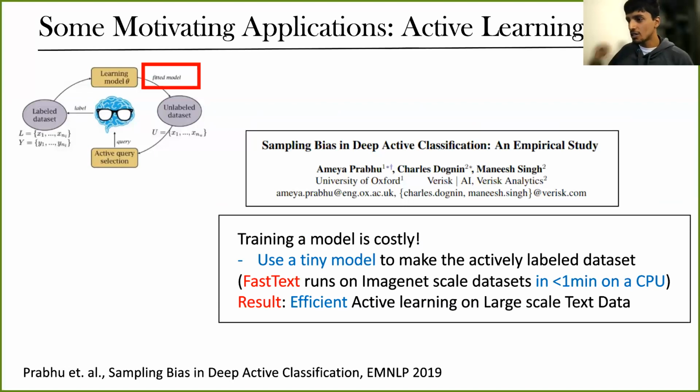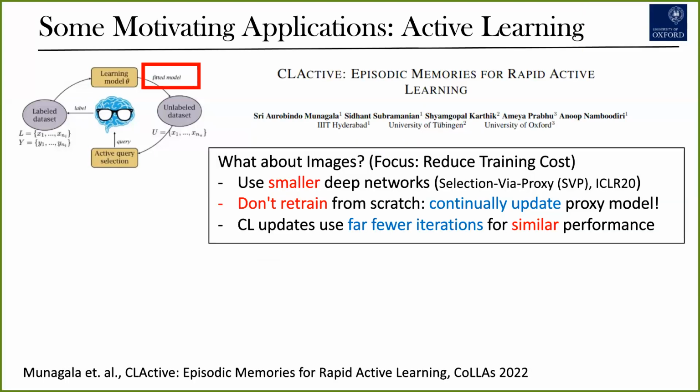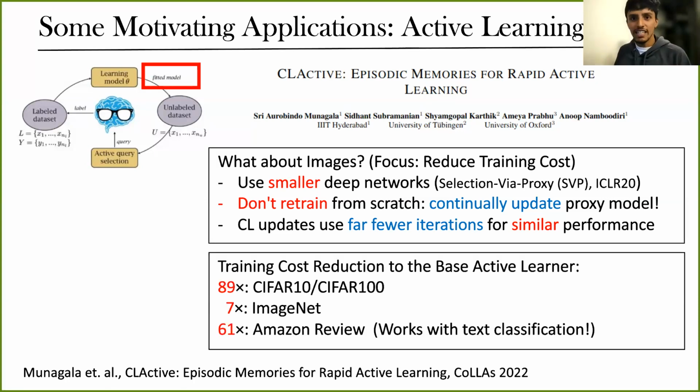So you are using the smaller model for sampling instead of using it in production. Yes. The goal of active learning is to select the samples, to curate this small labeled dataset, and if we do this, we get very large reductions in cost.